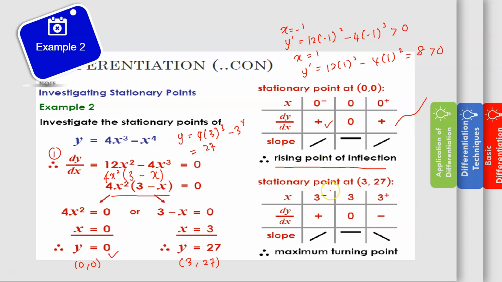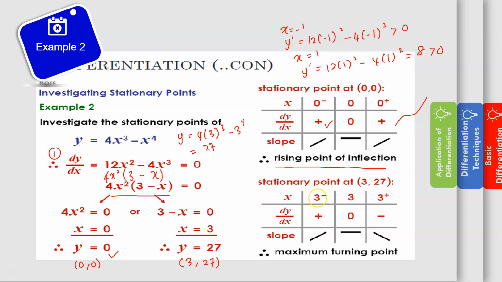Then we go to the second stationary point, which is at 3, 27. For x here, it is 3 on the negative side, the value of 3, and also 3 on the positive side. Here we check for our dy dx.